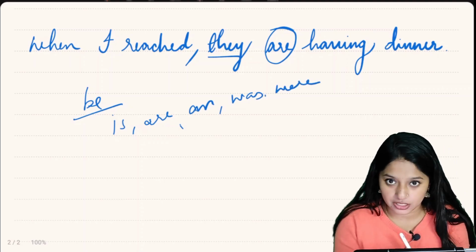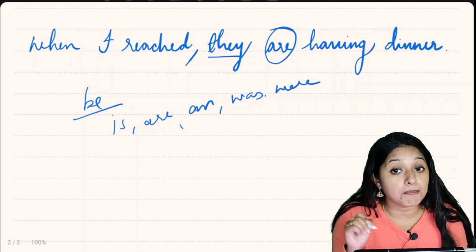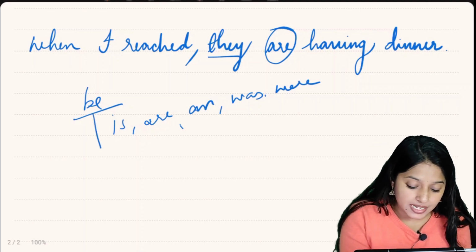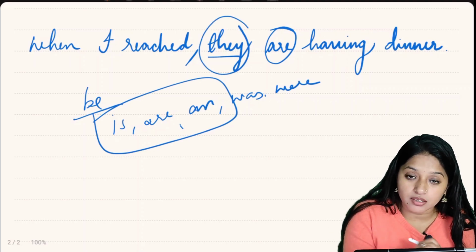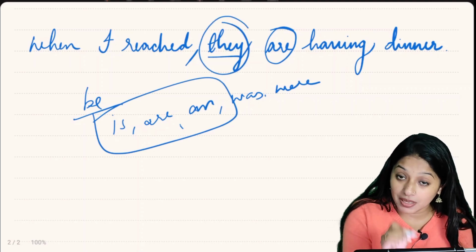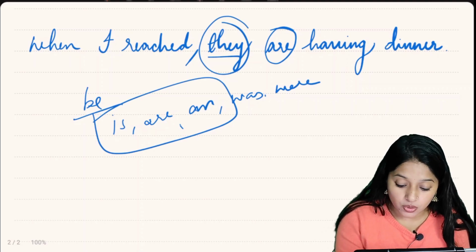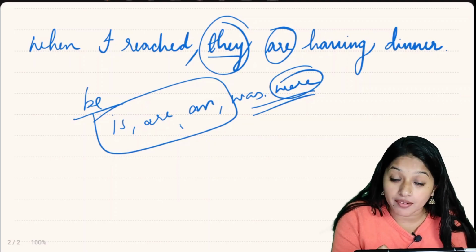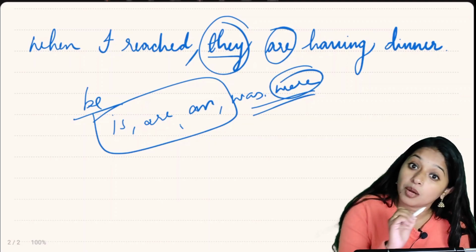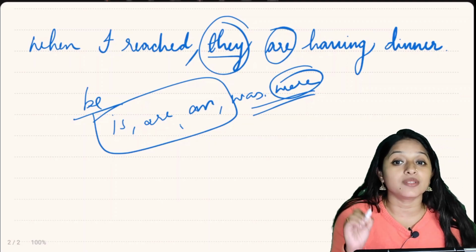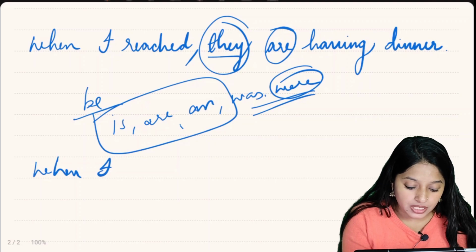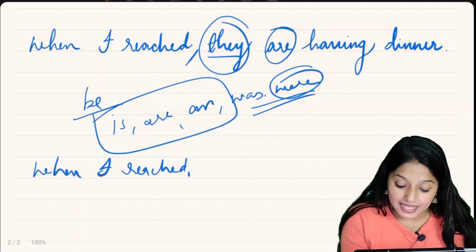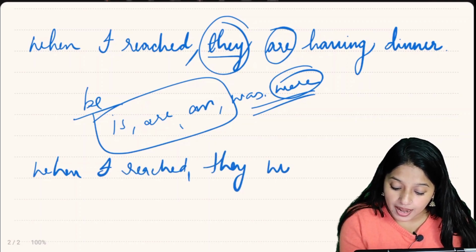So when I reached means it's a sentence in past tense. So already these three things would be eliminated, and the subject here is they, means plural, right? So from these auxiliary verbs we will be taking were, right? Because in the plural we always use were. So the correct sentence would be when I reached they were having dinner.